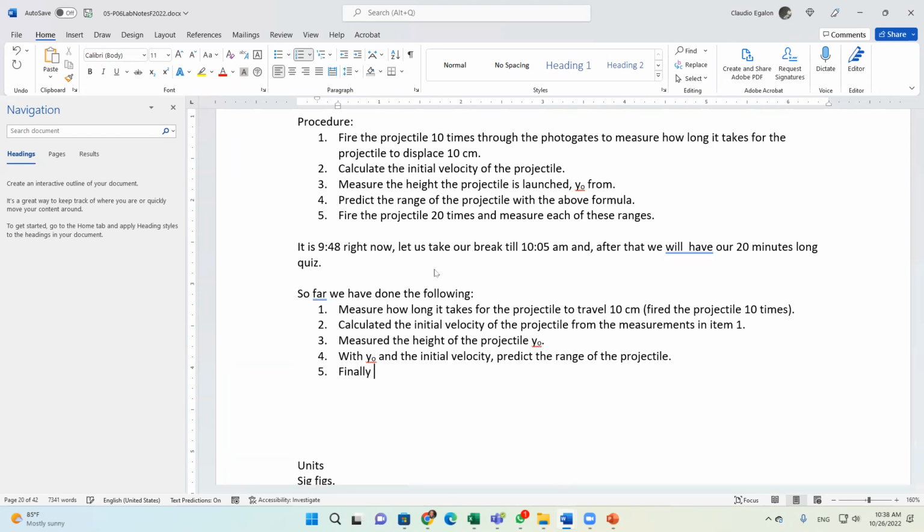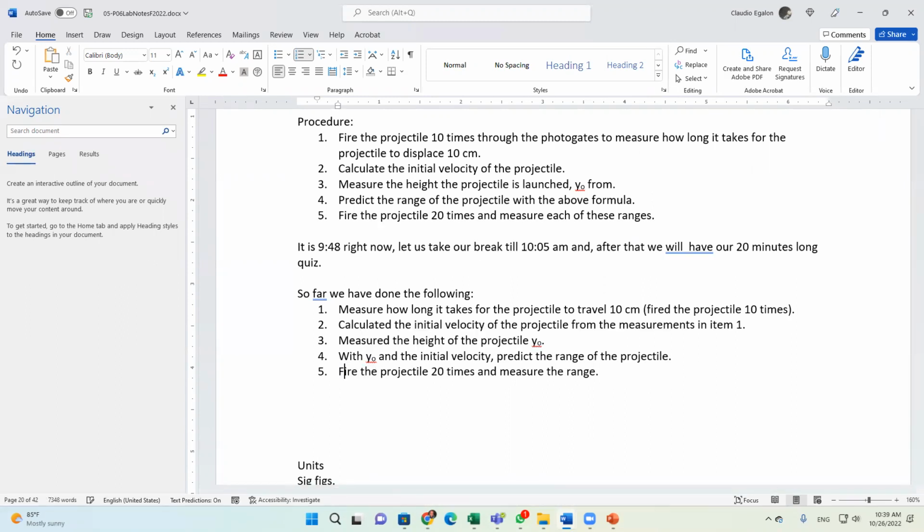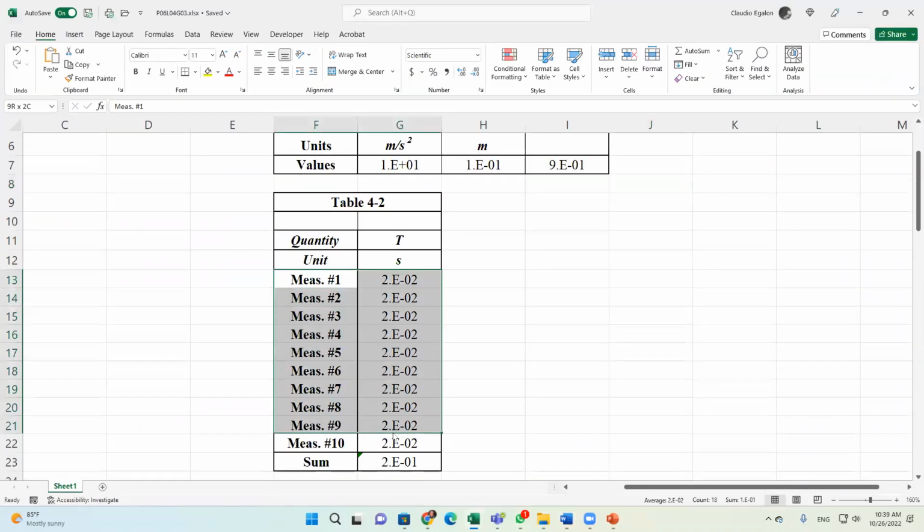Fire the projectile 20 times and measure the range. And that's what this table is all about, right?